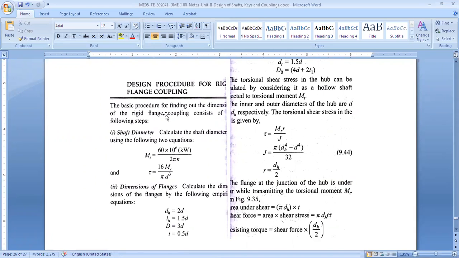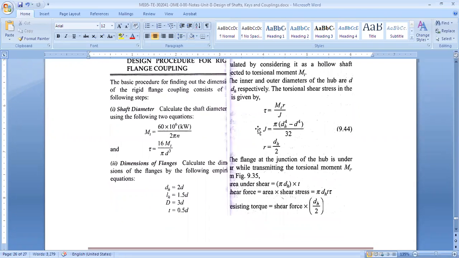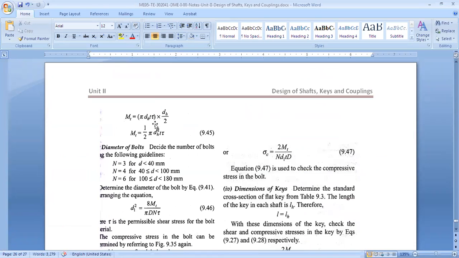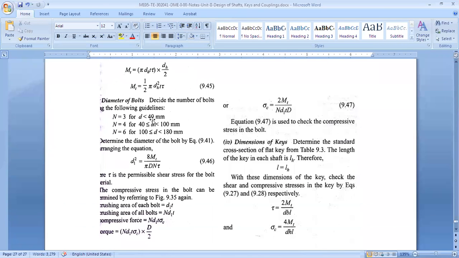We will find out the diameters of the shaft and different dimensions of the coupling. Then we'll make sure that your hub will not fail in shear. Then we'll make sure that your flange will not fail in shear. Then we'll find the diameter of the bolts, and make sure that the bolt will not fail in crushing or compression.